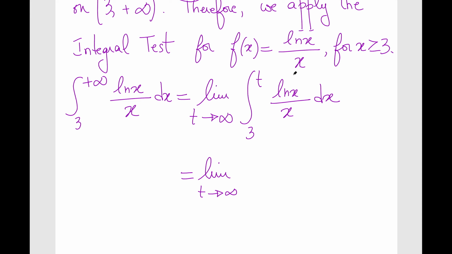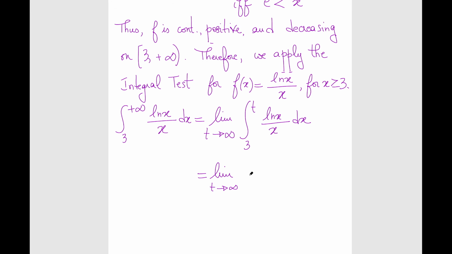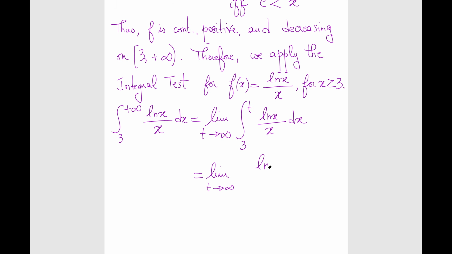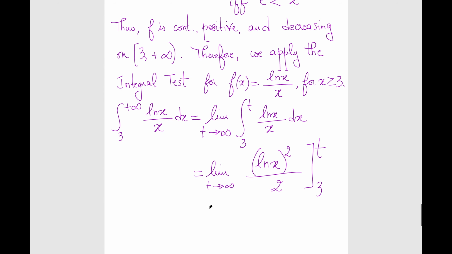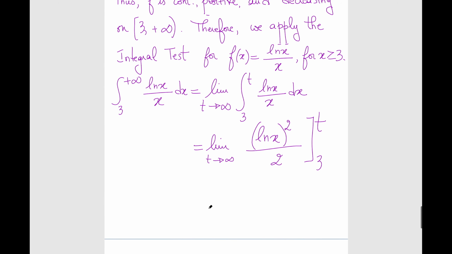So this is of the form u du, right? If you think about u being ln x, du becomes 1 over x dx. So that's going to be the same as ln x squared over 2 between 3 and t, right? Because this looks like u du, and the primitive of that is u squared over 2.